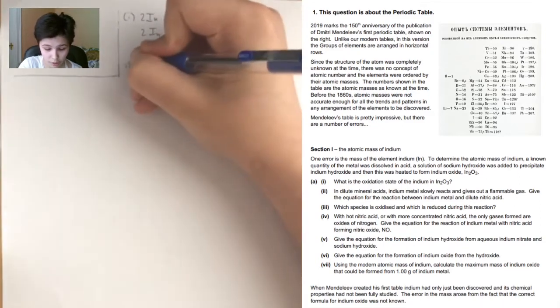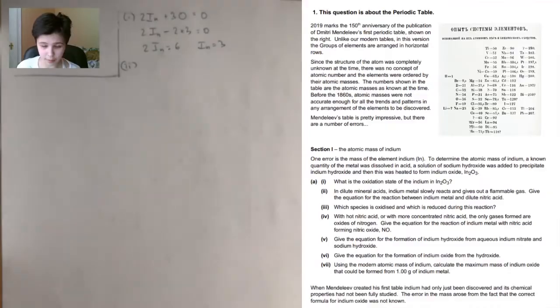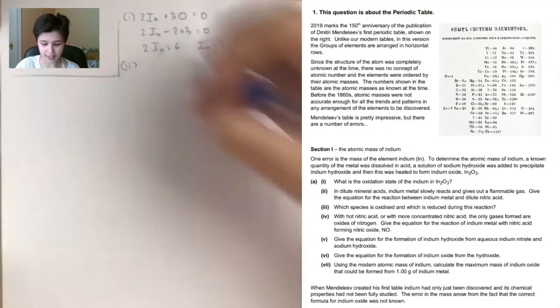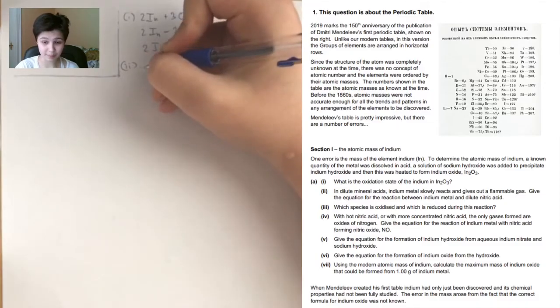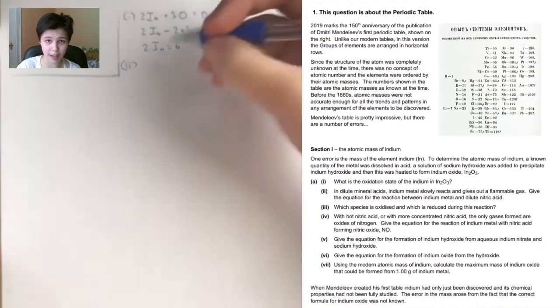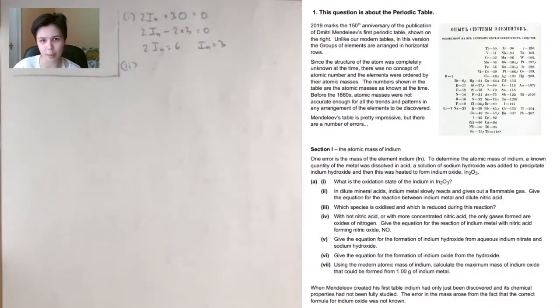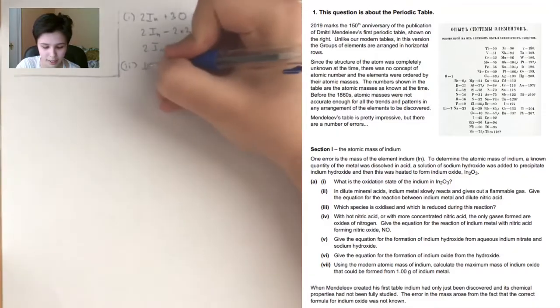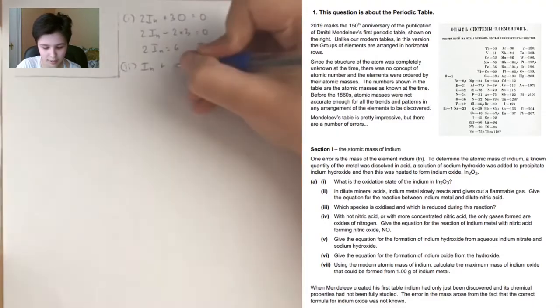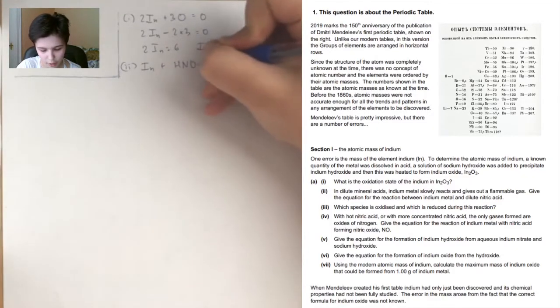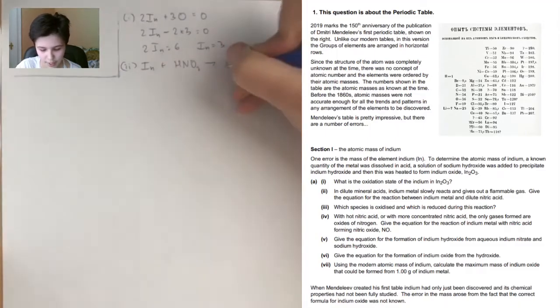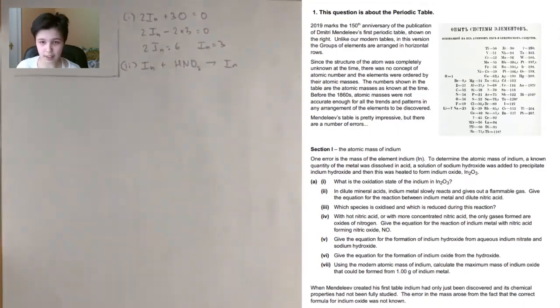For part 2, I'm having pure indium react with nitric acid and it produces a flammable gas. Without thinking about the flammable gas, I'm just going to write what I think it would be and then figure out if there's a flammable gas in there, and if that's it, then I'm all set. So this gives me indium plus some number of HNO3 gives me indium, and then the indium salt.